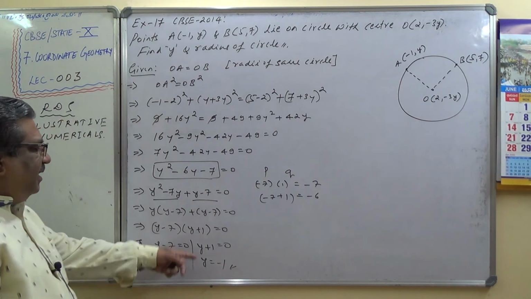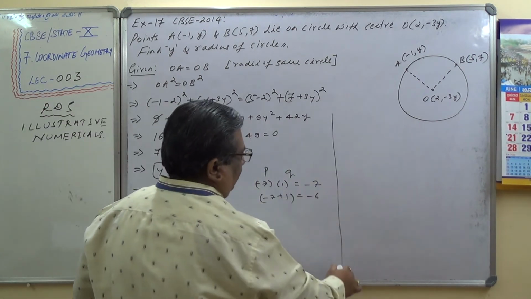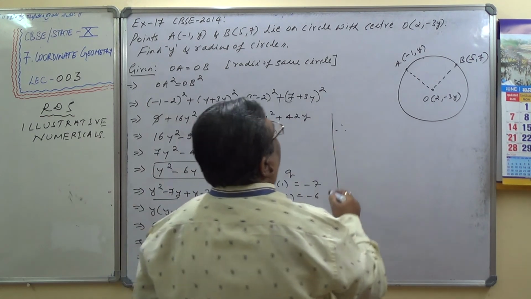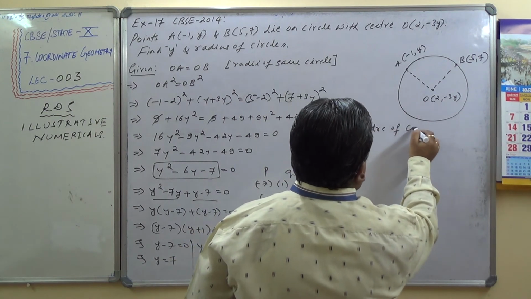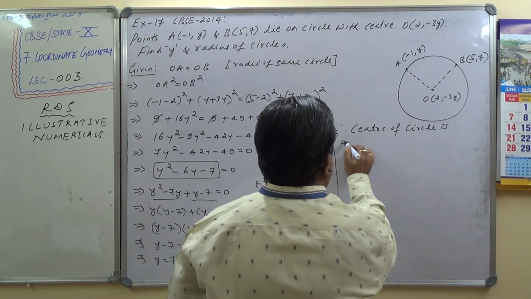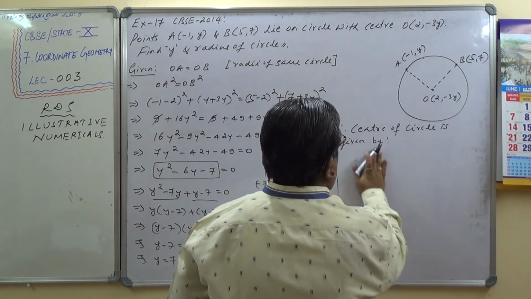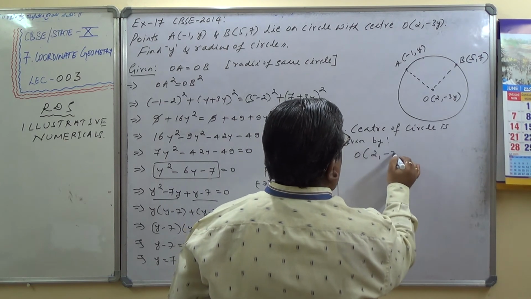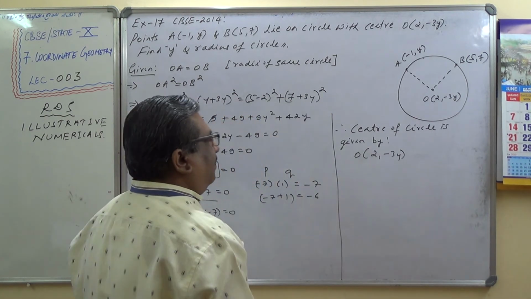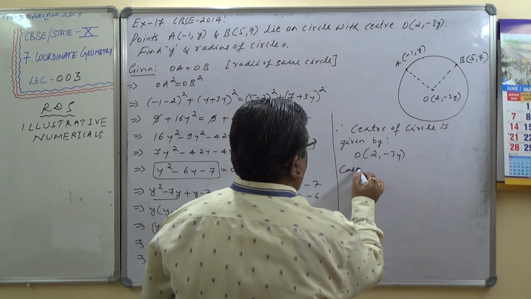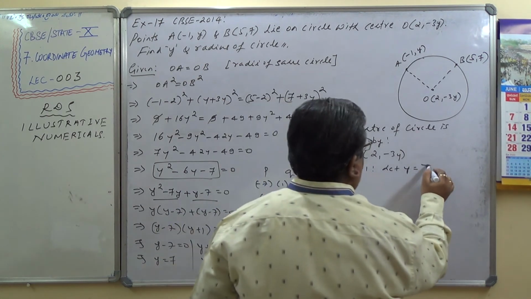So x and y are coordinates basically. It can take negative values. Therefore center of the circle is given by O 2 comma minus 3y. Case 1, let y equals 7.